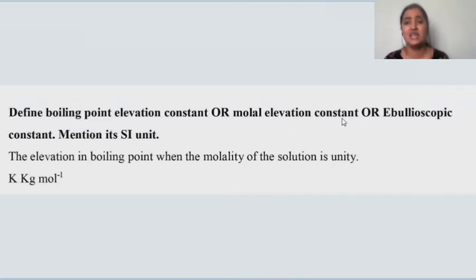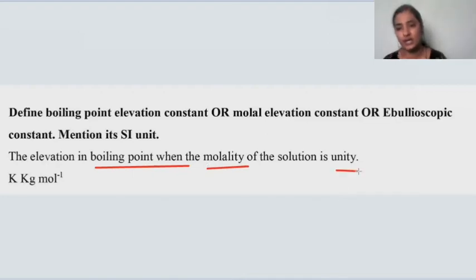Then what does that term indicate? It is the elevation in boiling point when the molality of the solution is unity.